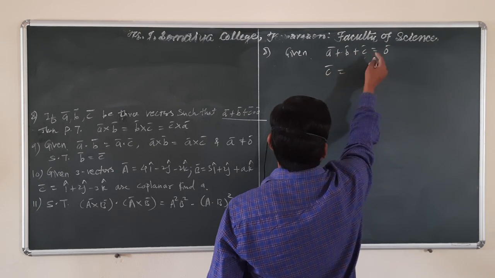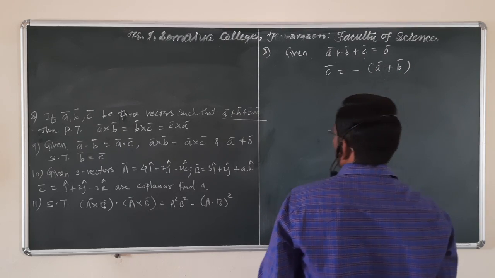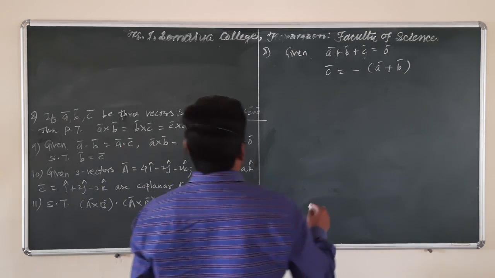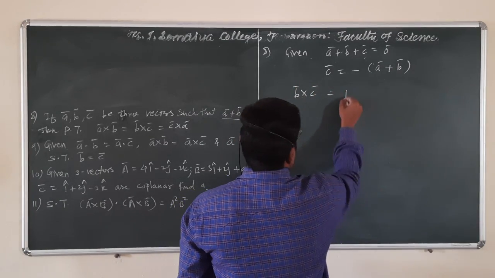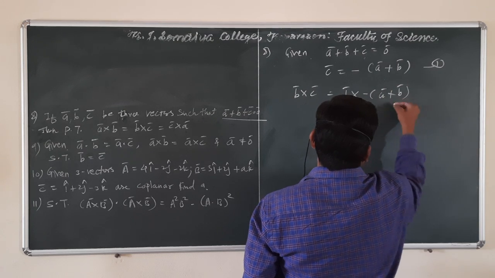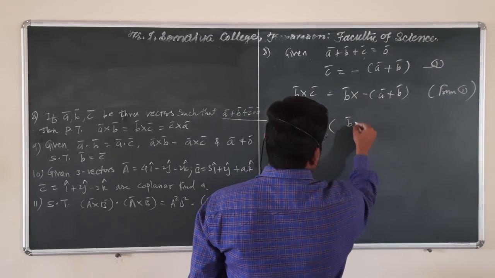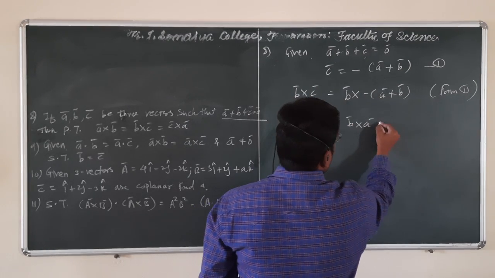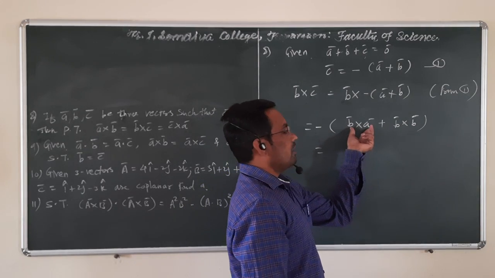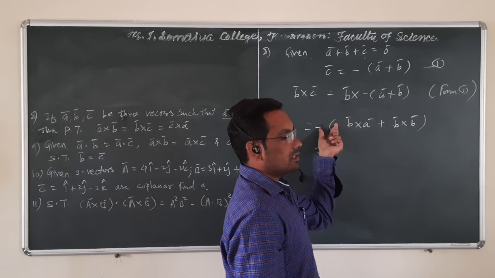From this we can write vector C as, taking vector A plus B to the right hand side, minus vector A plus B. Call this equation 1. Now let us take B cross C, which is B cross minus vector A plus vector B. So from equation 1, this is equal to minus, taking the minus sign common, B cross A, plus vector B crossed with vector B. Now B cross A using the property of cross product is equal to minus A cross B. If you take this minus sign with the other minus sign, that becomes plus.